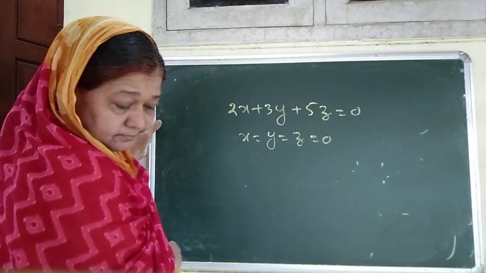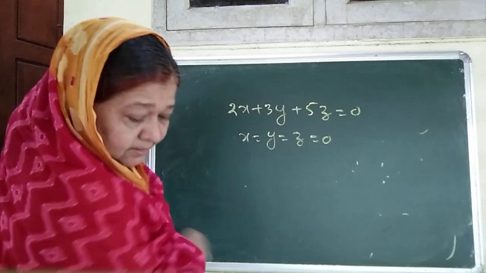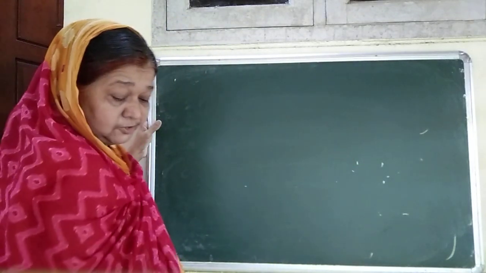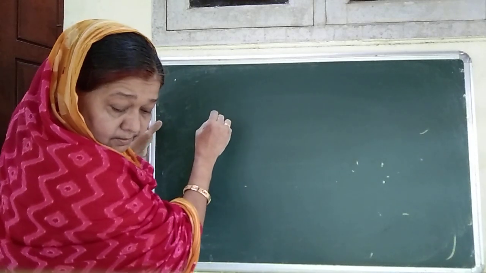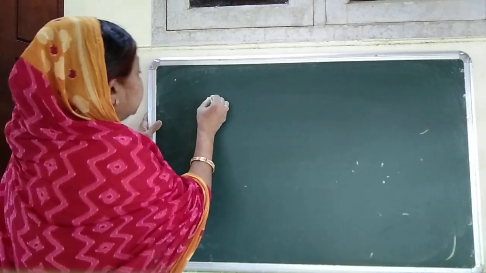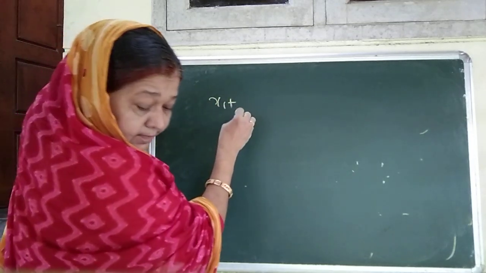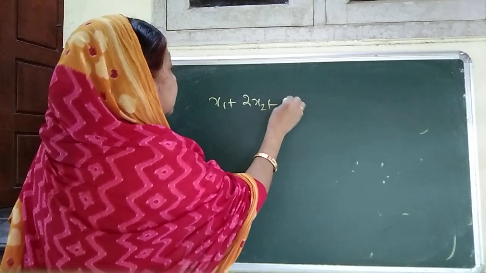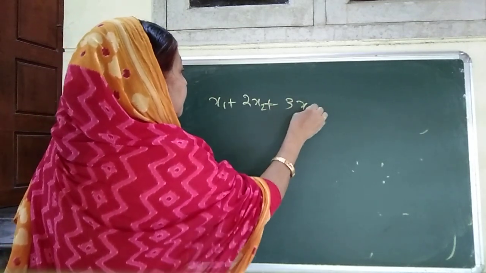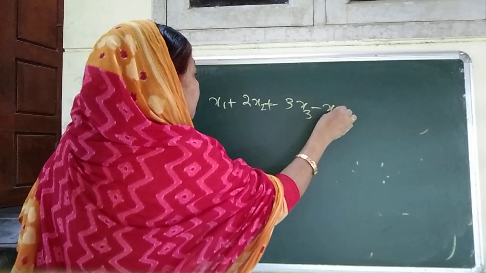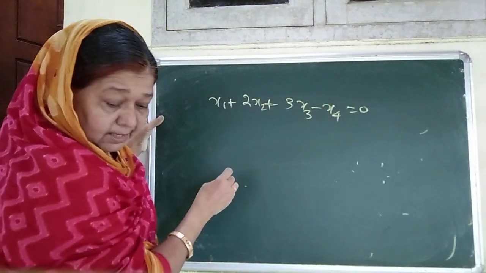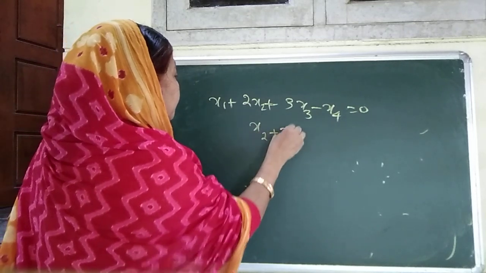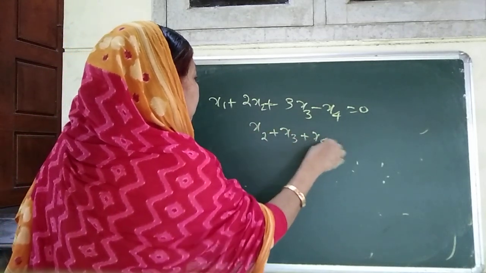For that, find the solution, how we can express it. Find the solution of x1 plus 2x2 plus 3x3 minus x4 equal to 0, and also x2 plus x3 plus x4 equal to 0.